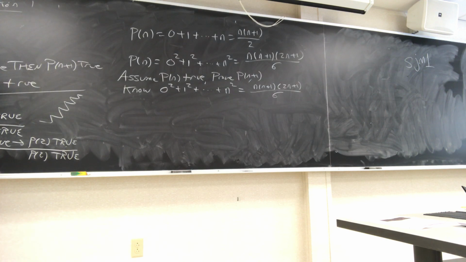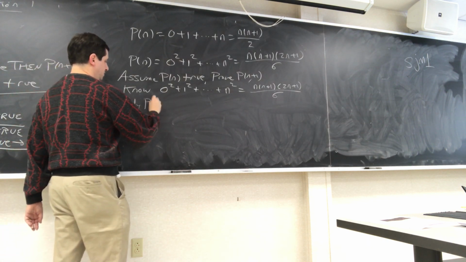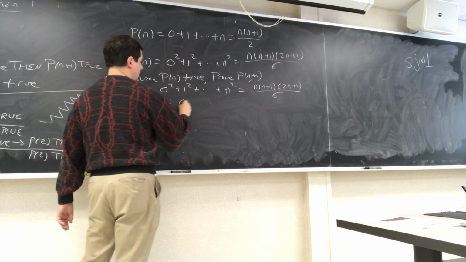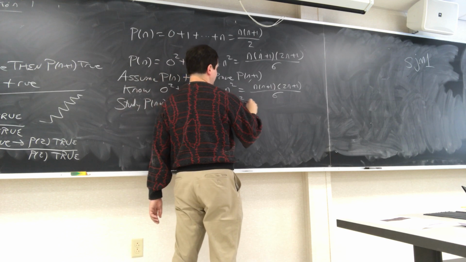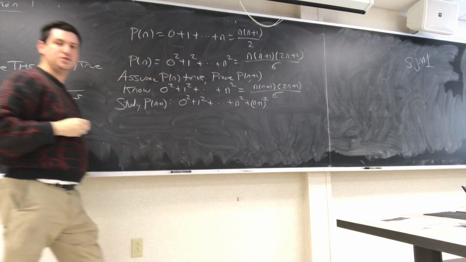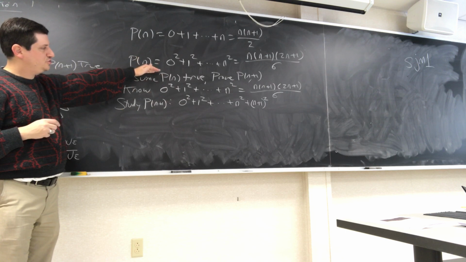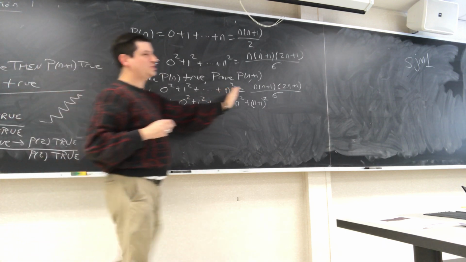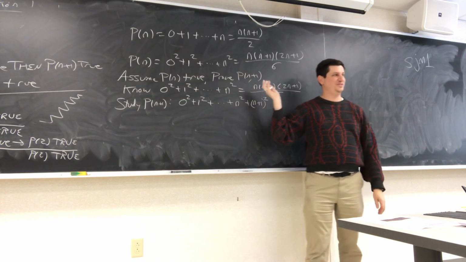We want to study Pn plus 1. So we have 0 squared plus 1 squared plus up to n squared plus n plus 1 squared. And if you look at this the right way, it should scream to you what to do next. We are assuming Pn is true, and I have this new expression here. Is there any part of that new expression that looks familiar?